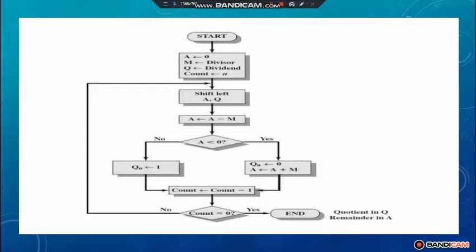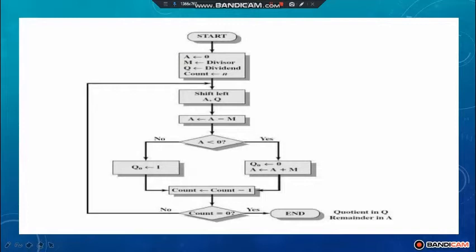Next, start. A is 0, M is the divisor, Q is the dividend, N is the count, the number of counts occurred. Shift left A with Q. A minus M goes to A. If A is less than 0, if yes, then Q becomes 0 and A becomes A plus M. If no, then Q becomes 1.